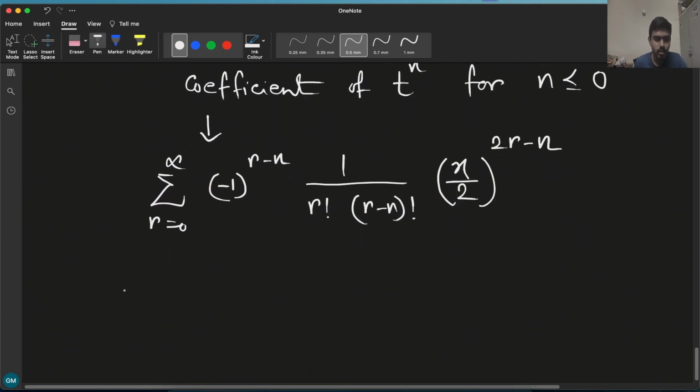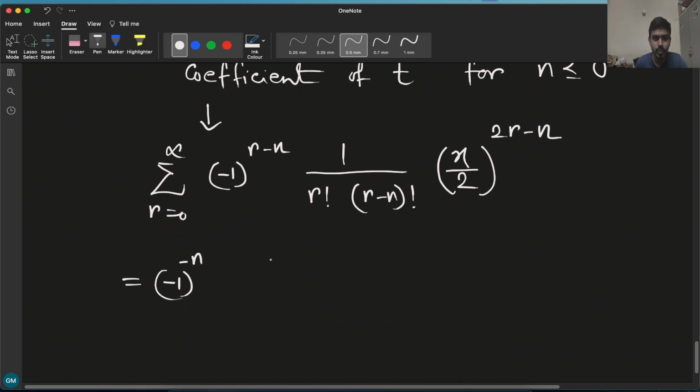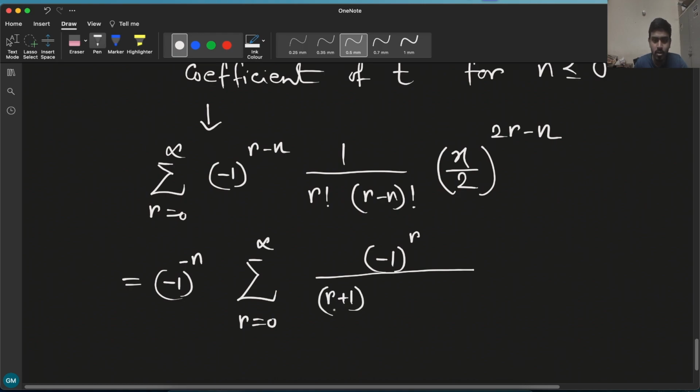Now I will take this minus 1 whole to the power minus n outside the summation, and then we are left with the sum over r equals 0 to infinity of minus 1 whole to the power r divided by r factorial, which I can write as gamma of r plus 1, and this r minus n factorial I can write as gamma of r minus n plus 1, and then x by 2 whole to the power 2r minus n.